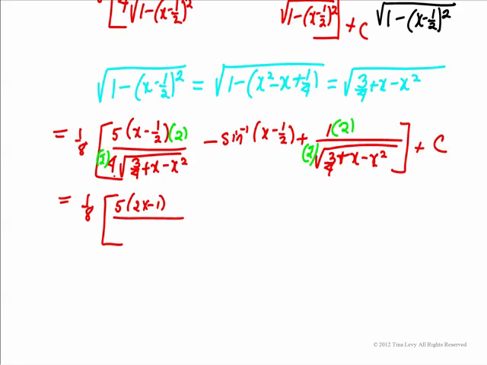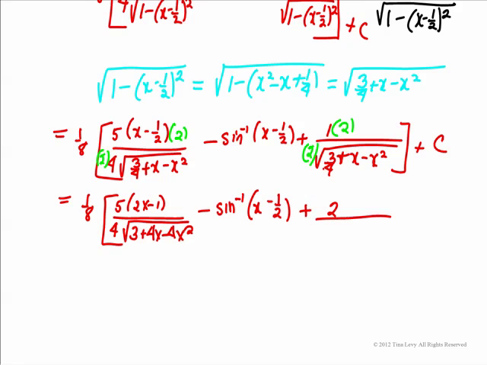This green 2 going through here, it's 4 times the square root of, it's putting a square root of 4 here. So it's 3 plus 4x minus 4x squared, minus inverse sine x minus a half. And now I have 2 over, the square root of 2 becomes a square root of 4, which gets rid of this, and it becomes square root of 3 plus 4 times that, 4x minus 4x squared.